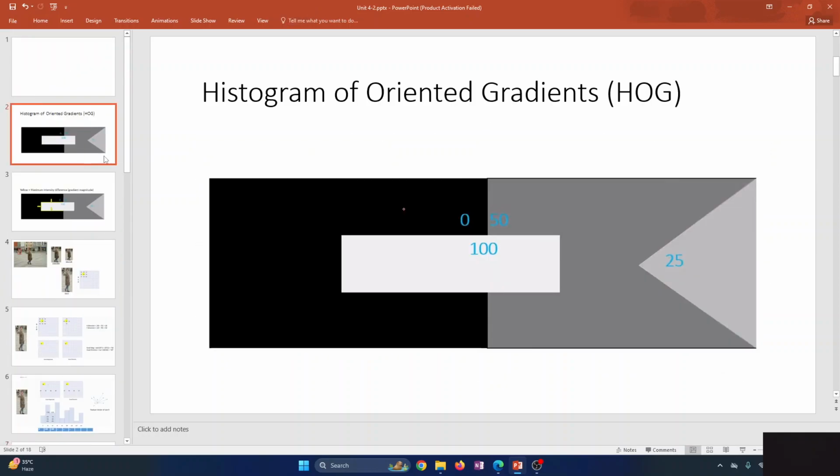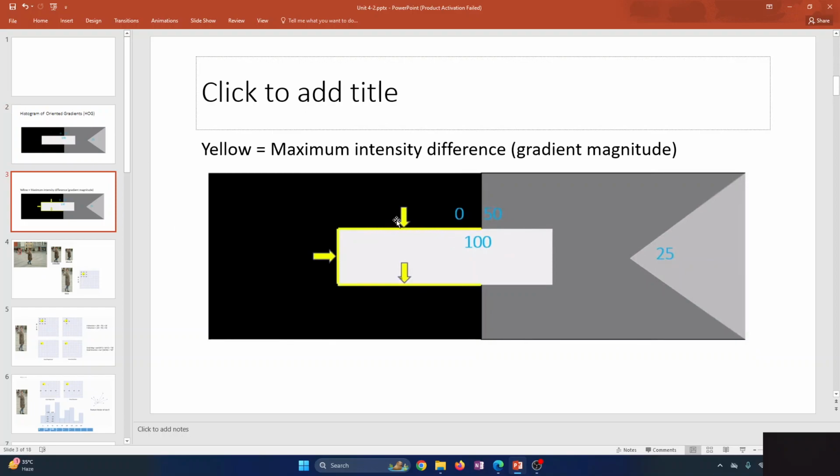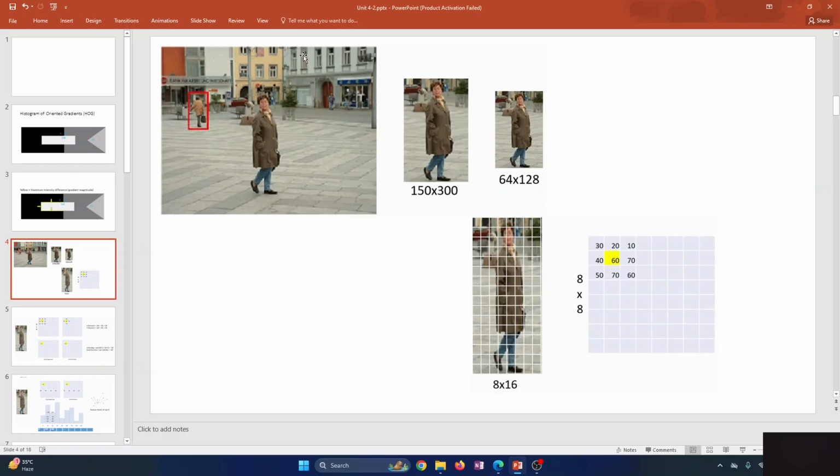Now let's recap. HOG works on direction and magnitude. For example, these are different intensity values, 0 to 100, 50 to 100, but it also cares about the direction of change. For example, 0 to 100, the direction is downward, right and down and up. Now we are taking an image patch of 1:2 ratio and resizing it to 64 by 128.